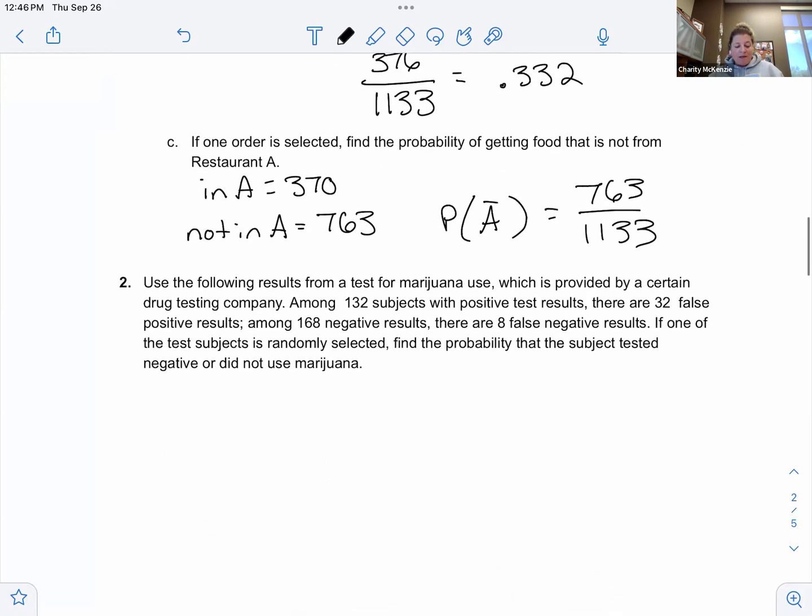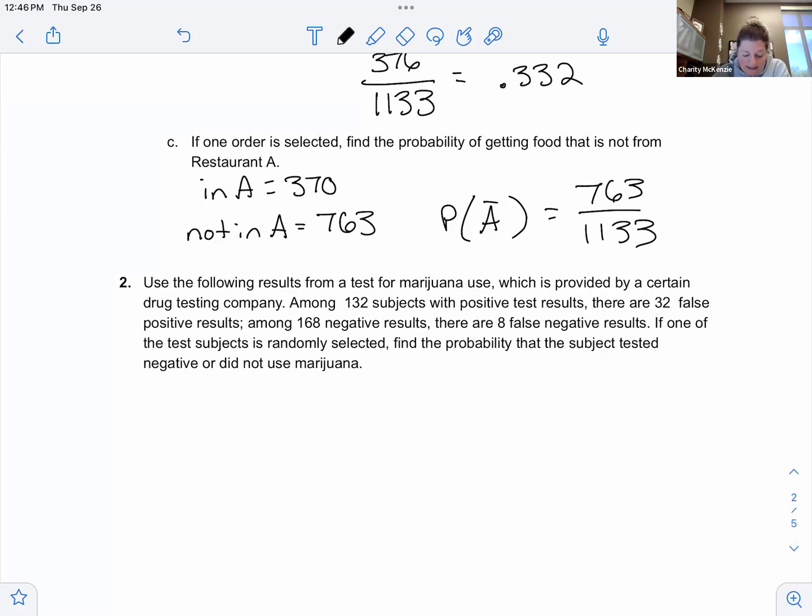Next question. Use the following results from a test for marijuana. Among the 132 subjects with positive test results, there are 32 false positive results. Among the 168 total negative results, there are 8 false negative results.